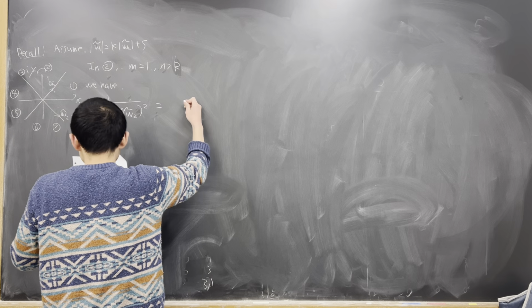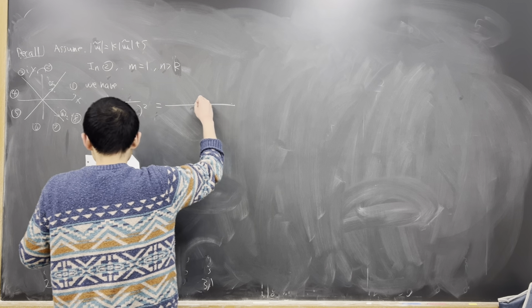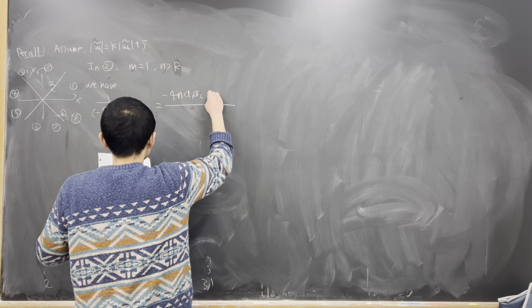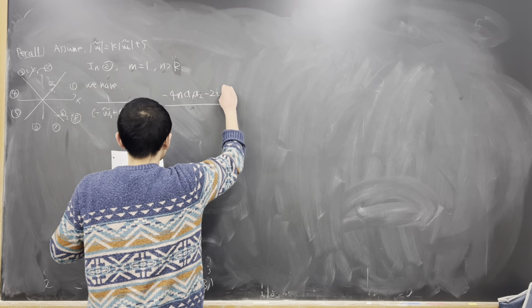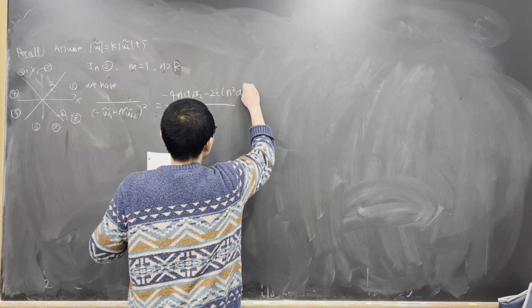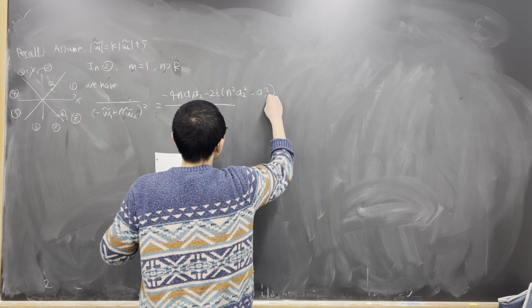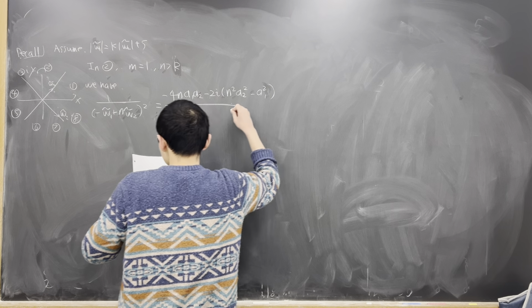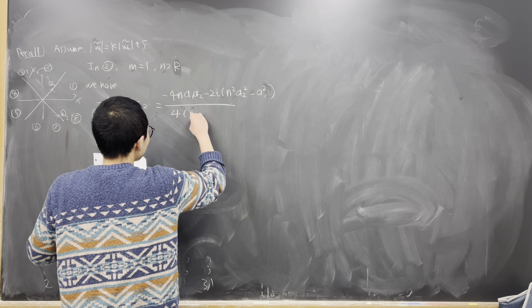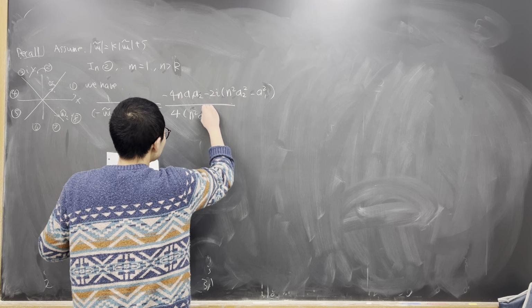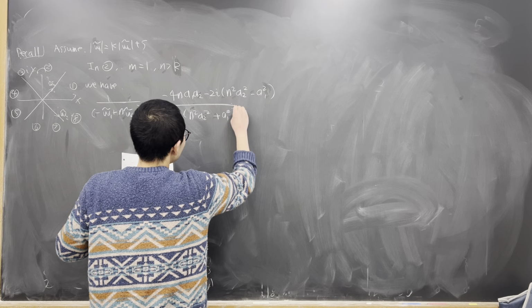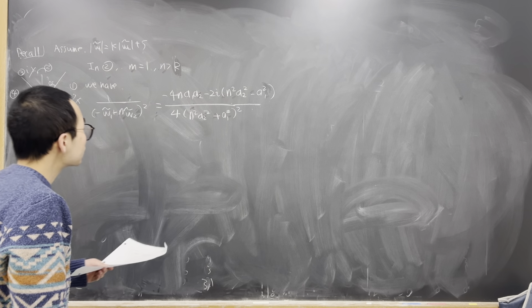Which is equal to negative 4n a1 a2 minus 2i n squared a2 squared minus a1 squared, over 4 times n squared a2 squared plus a1 squared.